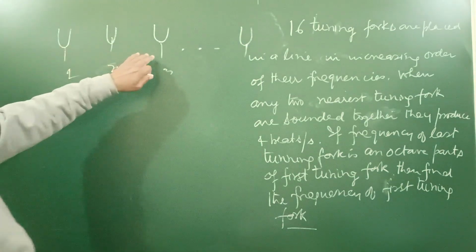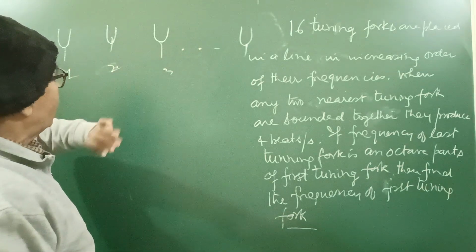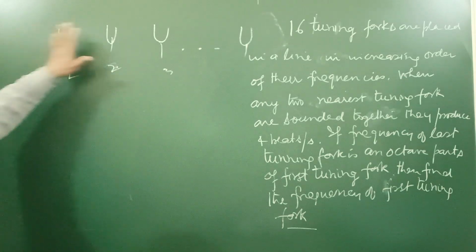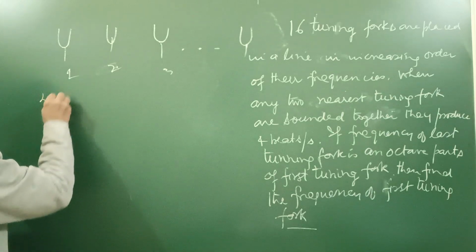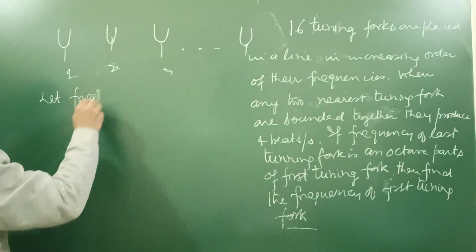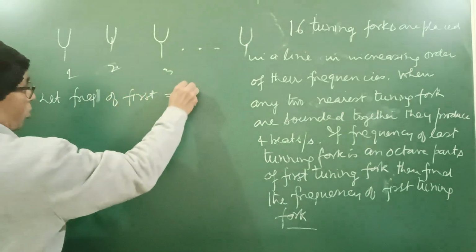If I sound 3 and 2 together, or 4 and 3 together, we get 4 beats per second, but they are placed in order of increasing frequency. So let the frequency of the first be equal to n.